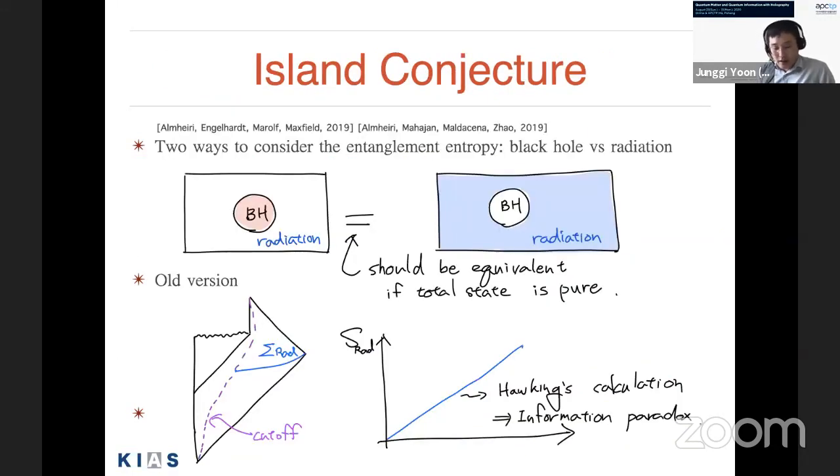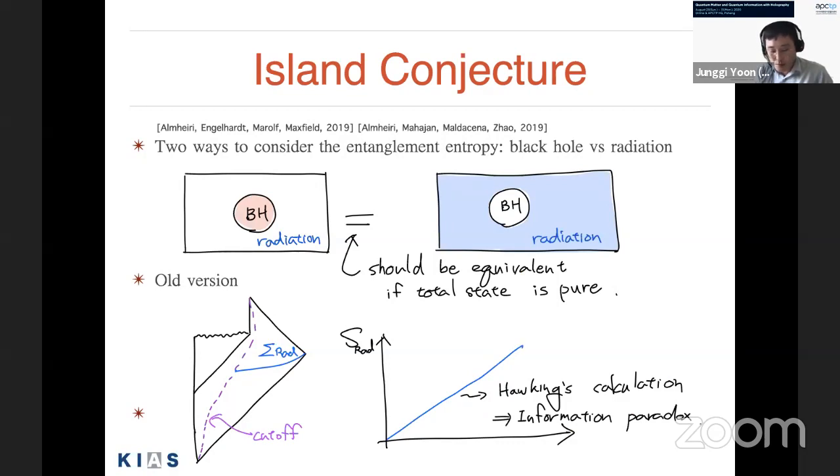So this island conjecture: there are many papers, and in each paper, there are two types of approaches. The purpose of the island conjecture is to calculate the entanglement entropy between the black hole and the radiation. But you can calculate that entropy from the point of view of the black hole or from the point of view of the radiation. However, the two calculations should be equivalent.